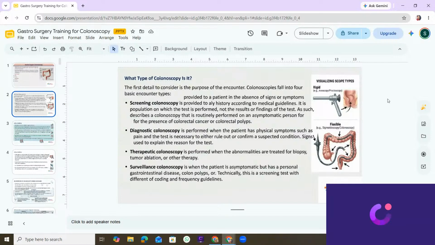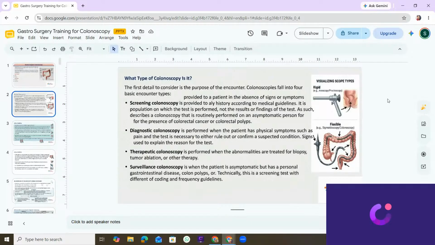Diagnostic procedure is performed when the patient has a physical symptom such as pain, and the test is necessary to either rule out or confirm a suspected condition. Signs and symptoms are used to explain the reason for the test; that comes under diagnostic. Therapeutic is performed when abnormalities are treated, for biopsy, tumors, ablation, or other therapy.